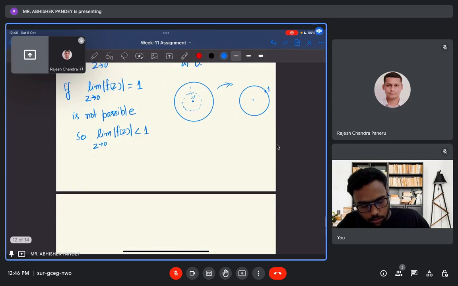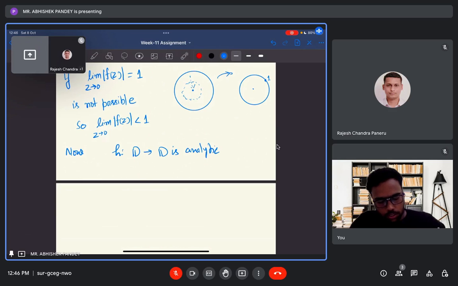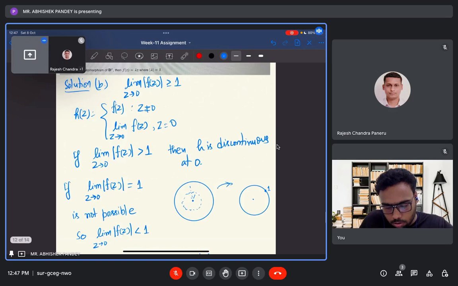Now your h is basically D to D, analytic. Now this h is also basically less than 1. So basically your h is analytic from the unit disk to the unit disk. Is it clear? Yes, sir.